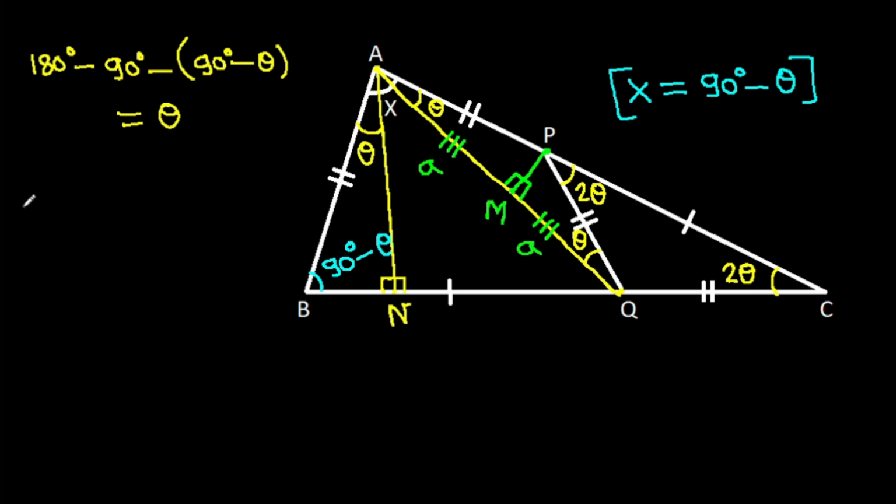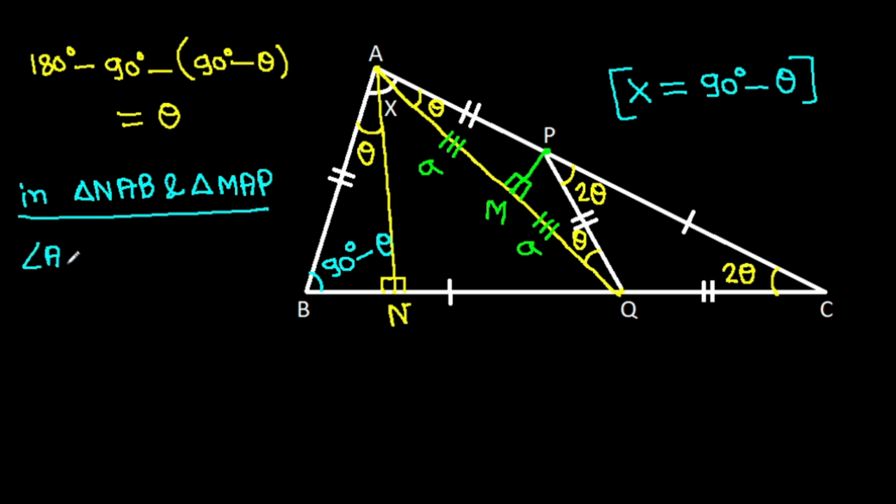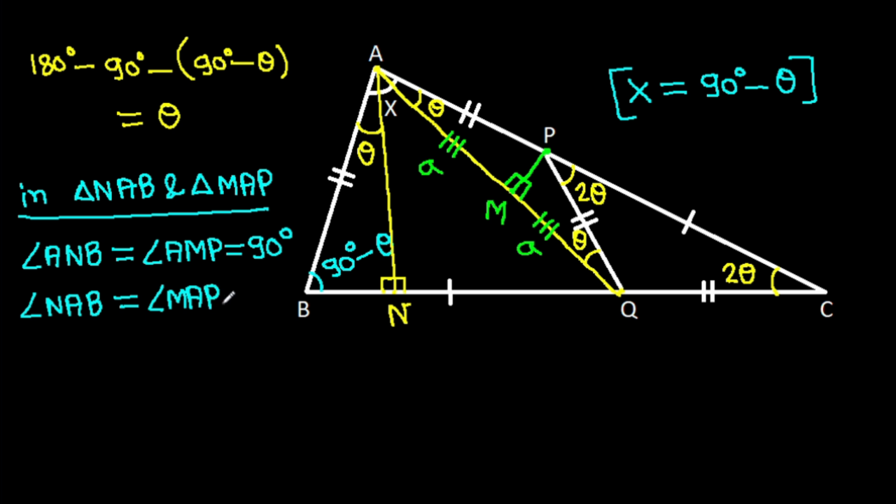And now in triangle NAB and triangle MAP, we have angle ANB is equal to angle AMP, that is 90 degrees. Angle NAB is equal to angle MAP, that is theta, and AB is equal to AP.